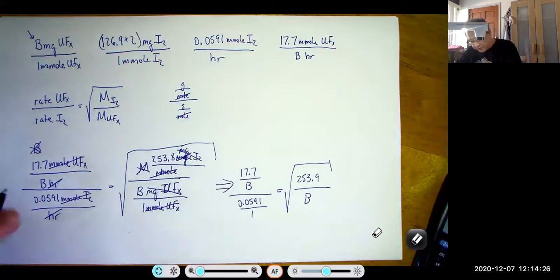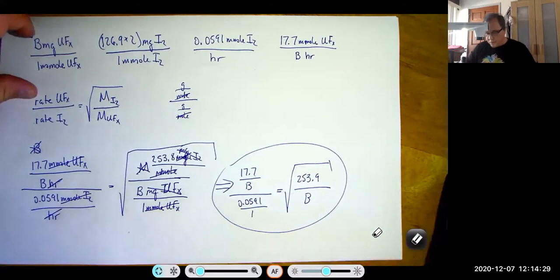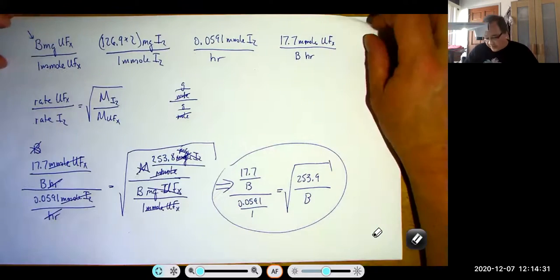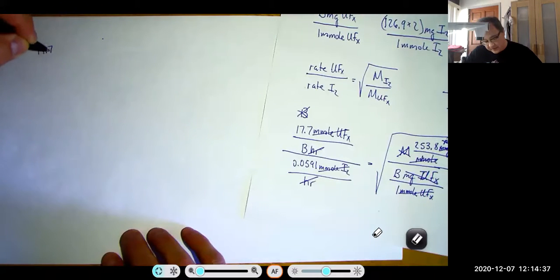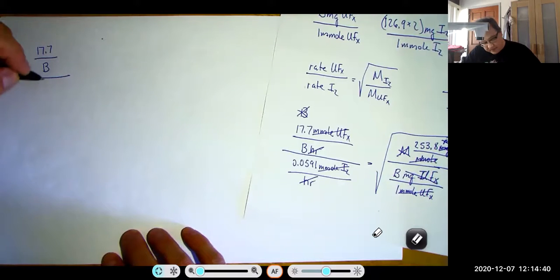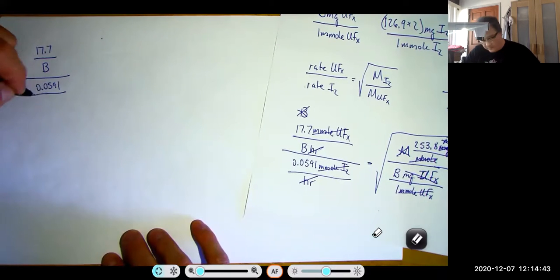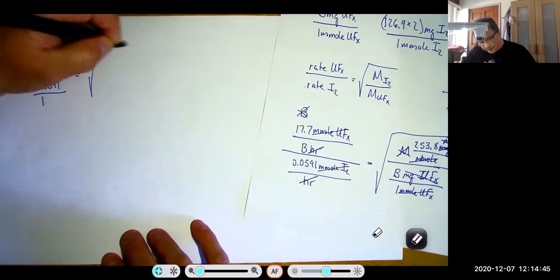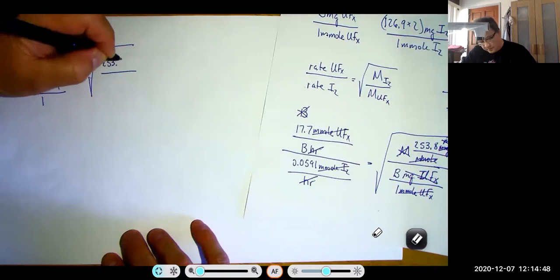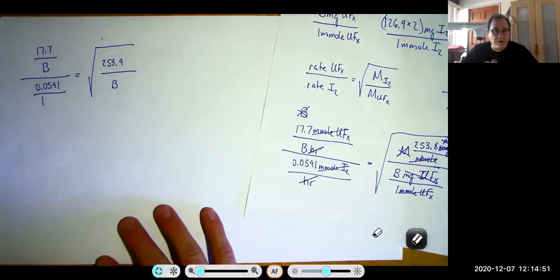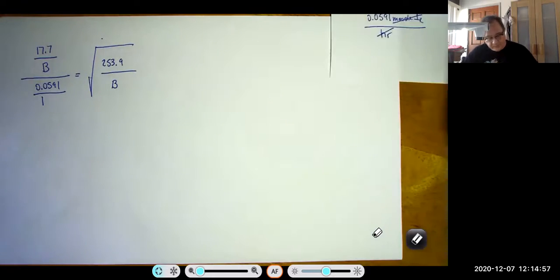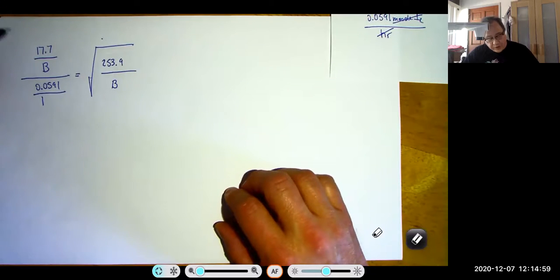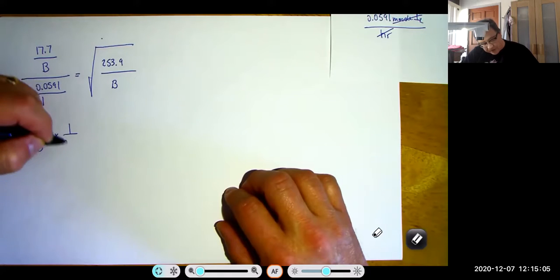Okay, so now I'm going to enlist your help here. Whatever number we get for B, that's the molar mass of the uranium fluoride. I'm going to rewrite this down again. So how do we want to go about solving this? My suggestion would be, let's take care of this side first. So we can do 17.7 over B times 1 over 0.0591.